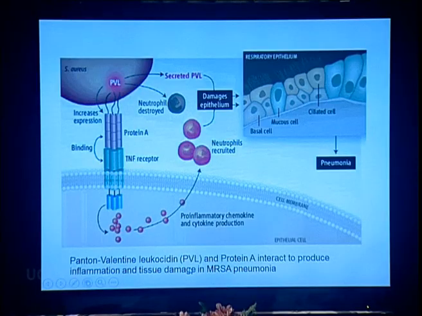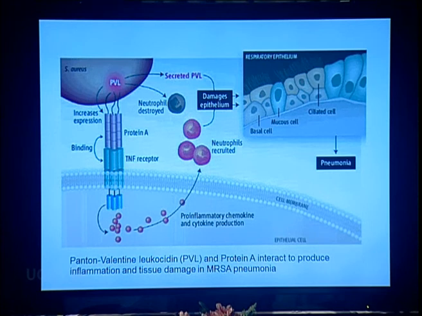There is another very important role of this bacteria, producing what is called Panton-Valentine leukocidin or PVL. And this particular protein will actually bind with protein A and they will activate the TNF receptor and they will bring different neutrophils towards this particular reaction center, causing massive chemokine production, which is also similar to producing hypersensitivity in the host cell.